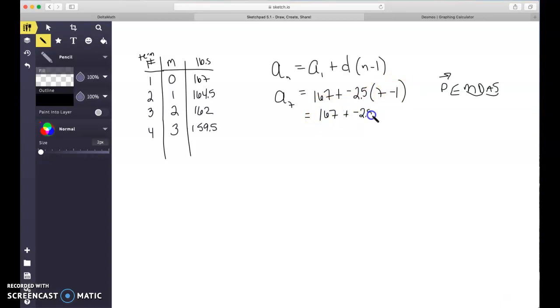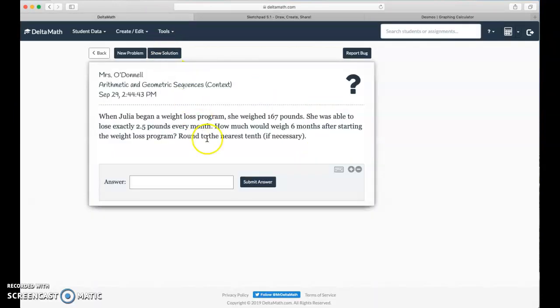Then we're going to do our multiplication, negative 2.5 times 6 gives us negative 15, and 167 plus negative 15 equals 152. So she should weigh 152 pounds after 6 months.